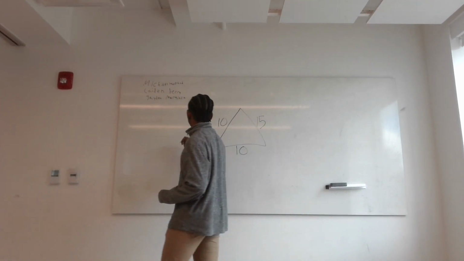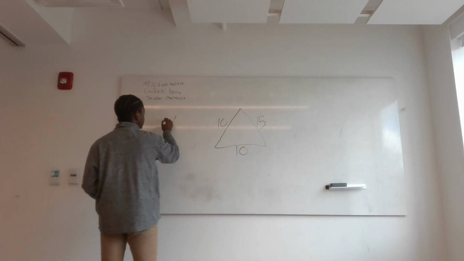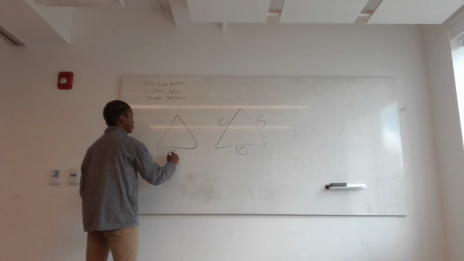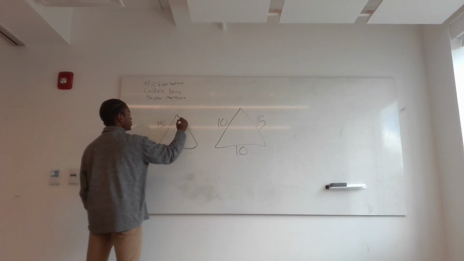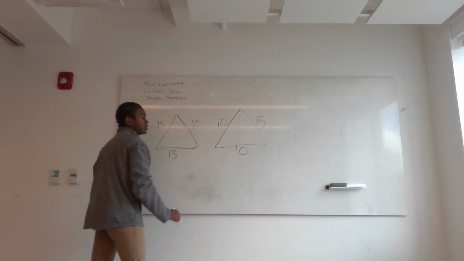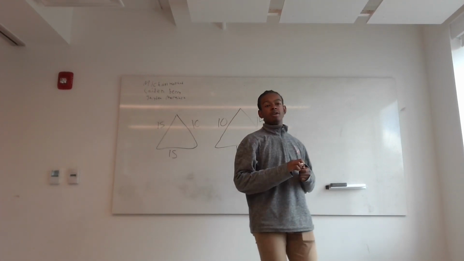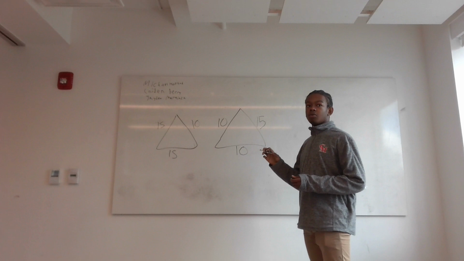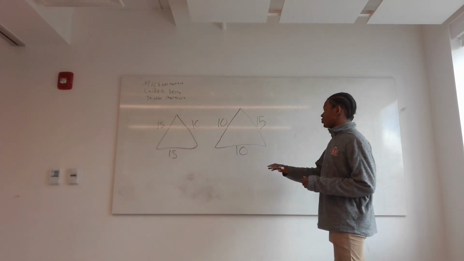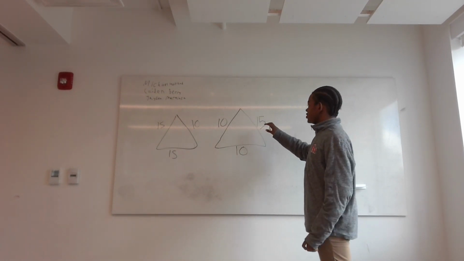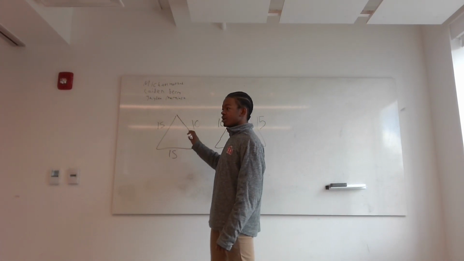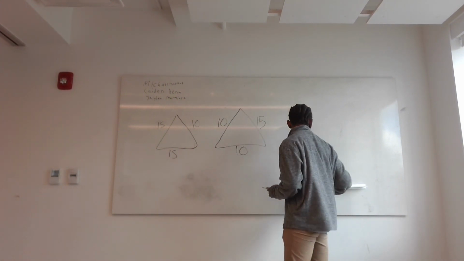Another example would be 15, 15, and 10. So in short summary, an isosceles triangle has two of the same sides and one odd one out. For the first, 15 is the odd one out and the 10s are equal, and for the second, 10 is the odd one out and the 15s are equal.